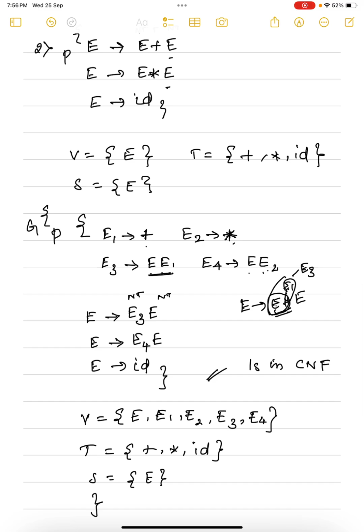So all of them are in Chomsky normal form now. Okay. So this is the answer for the given grammar converted to Chomsky normal form.